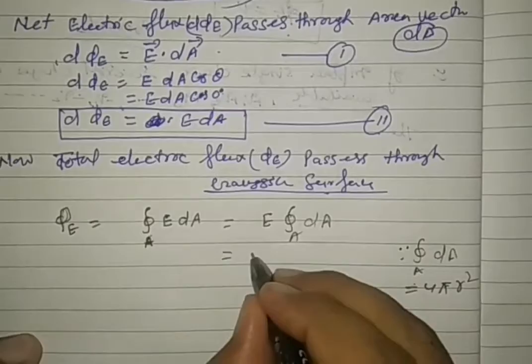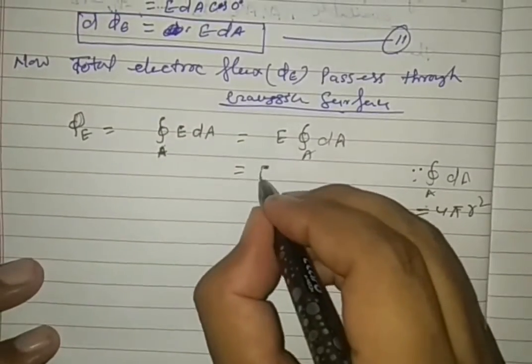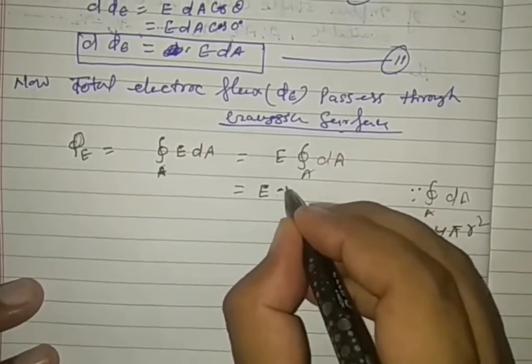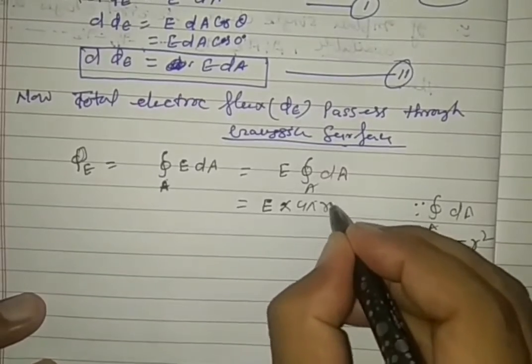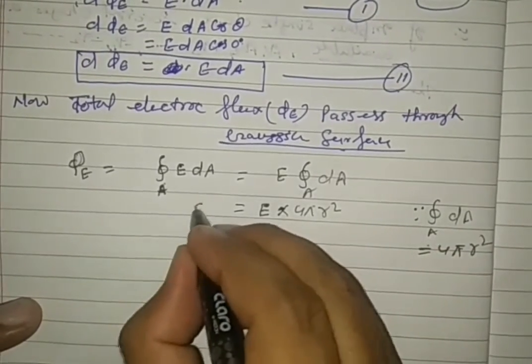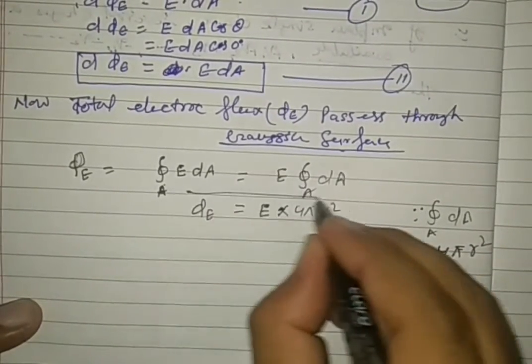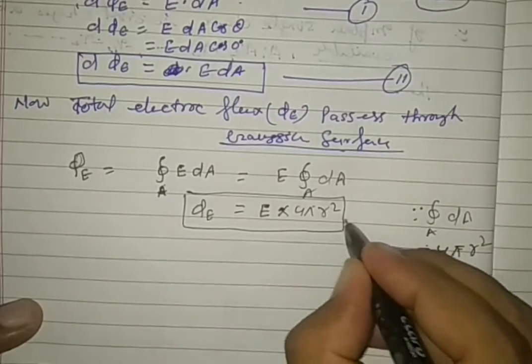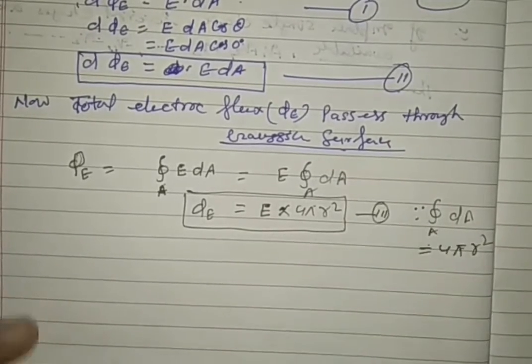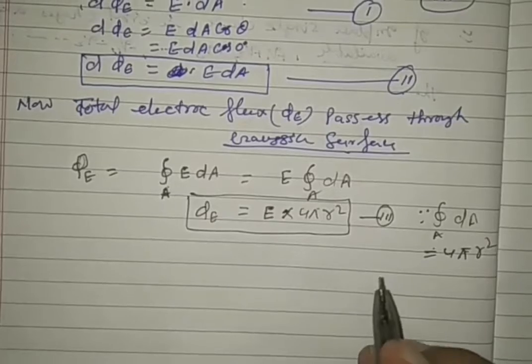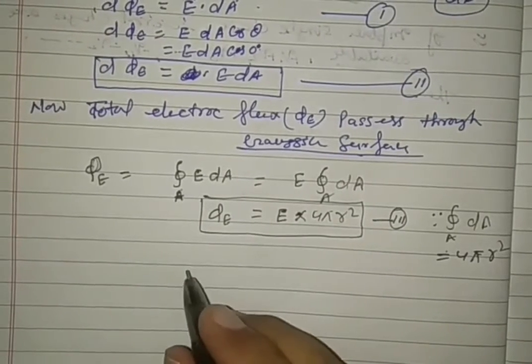So it becomes E into 4 pi r square. This is total phi E. So this is the calculation here, right?